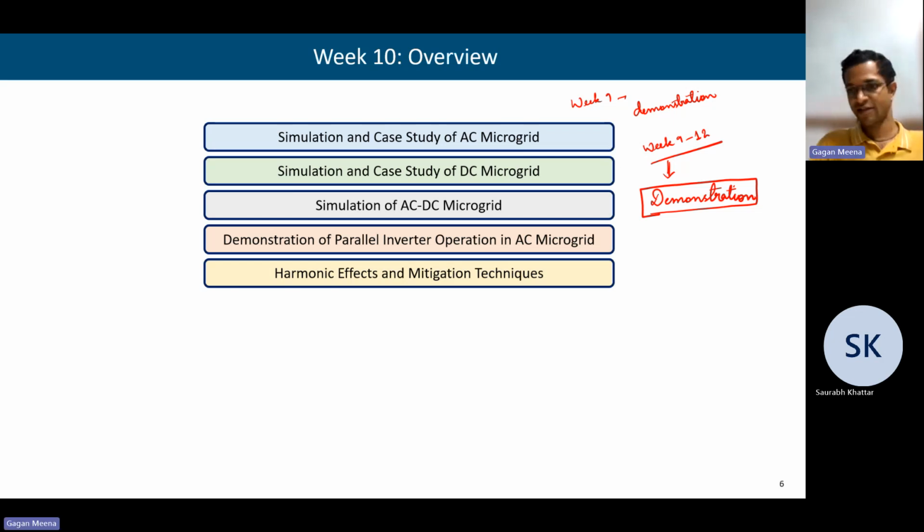So all these week 9 to week 12 sessions, the content is based on demonstration, based on simulation and small hardware setups where we can verify what we have studied.